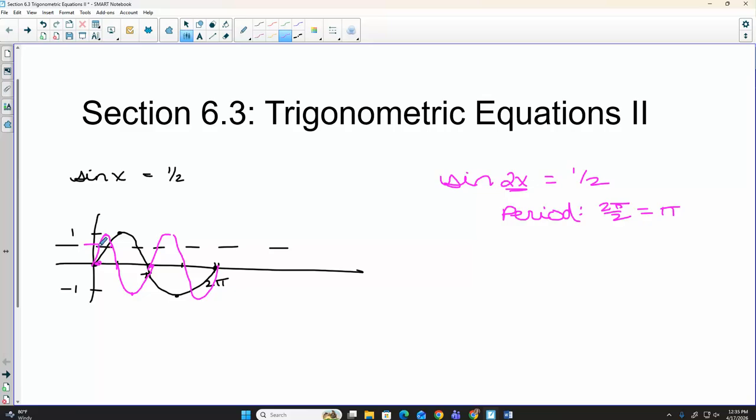And so that one actually ends up with 4 answers. If I said sine of 3x, how many cycles would I get between 0 and 2 pi? I would get 3 complete cycles. So how many answers would I actually get? 6. So when we change that period, it impacts our answers and the number of answers you get.